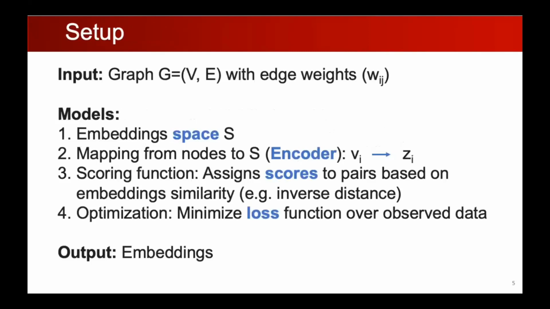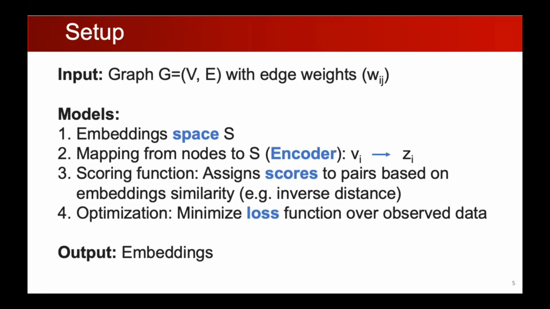So let's first recall the problem of network embedding and how usually these methods are learned. So the input is a graph, which comes with vertices and edges between them. Usually edges have weights that indicate the similarity or dissimilarity between the edges. And so in this work, we consider edge weights to indicate similarity.